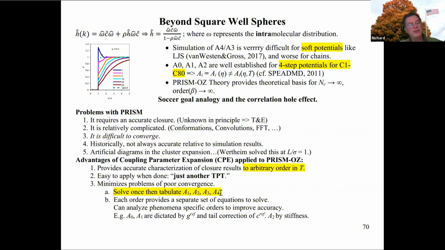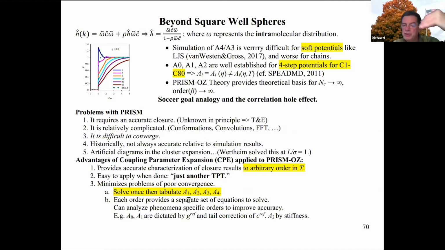Do that once for each density, put them in a bank, and now you've got your complete equation of state for that particular polymer molecule that you can apply over and over again, whatever temperature, whatever density you have. And so, yeah, you still have convergence problems, but when you're applying it as an engineer, you don't care about that. You solve it once, and then you've got those.